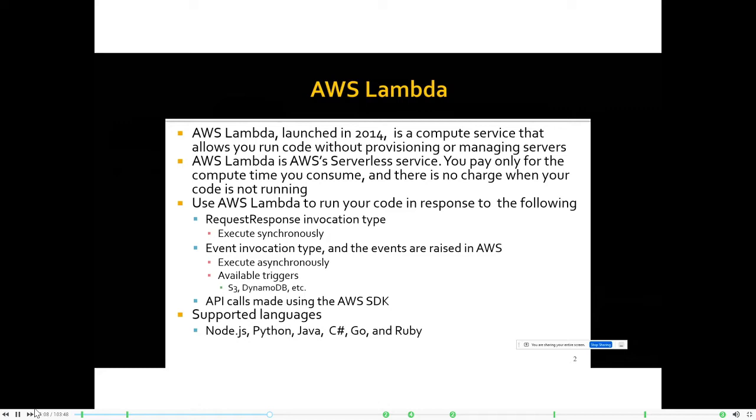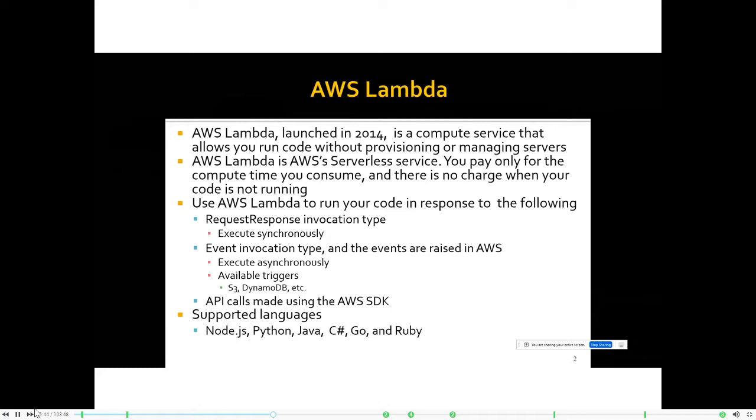How can we use AWS Lambda, or how will AWS Lambda be triggered to run? Basically there are three ways. The first is the request-response invocation type. The second is the event invocation type, where events raised in AWS can be executed asynchronously.